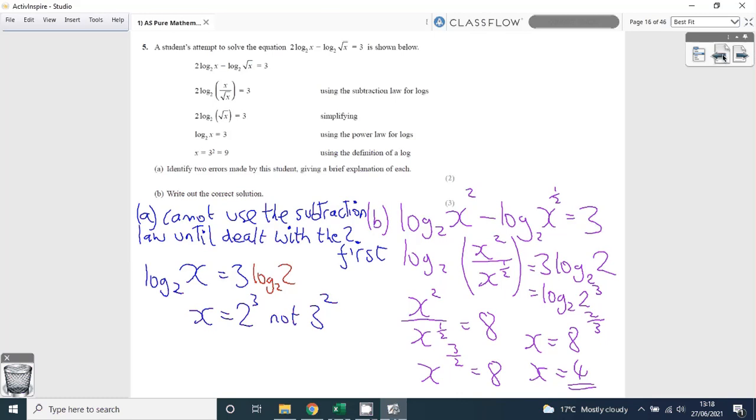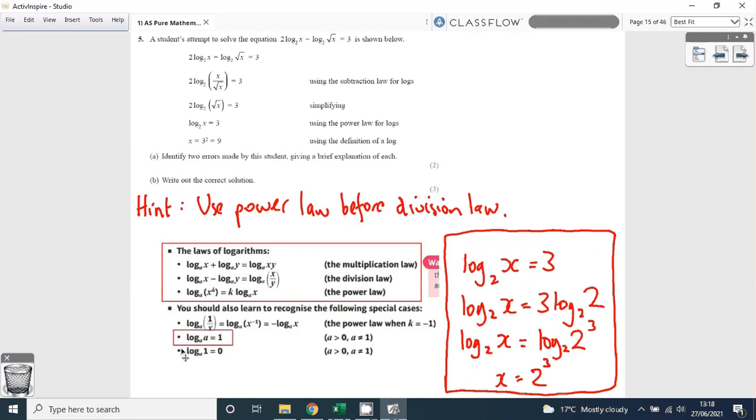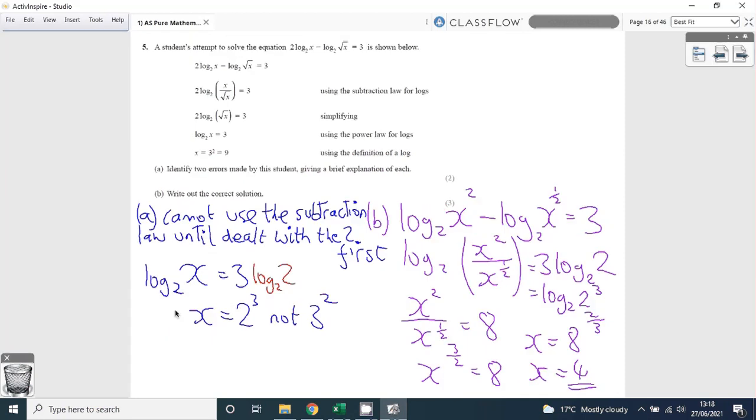Going back to the previous slide, log anything to its own base equals 1. So I introduce log 2 to the base 2 on the right-hand side, because that equals 1, so I'm not changing the right-hand side overall.